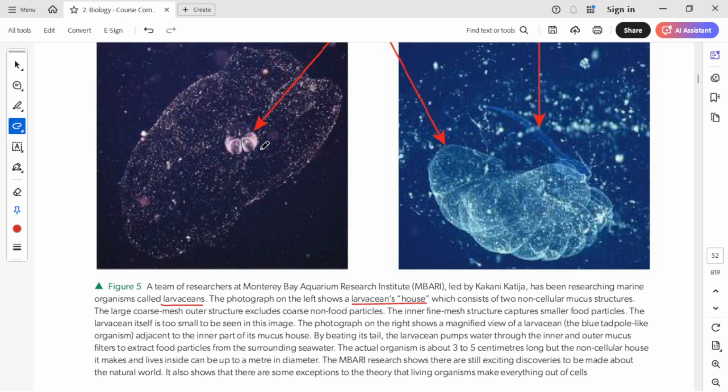The larvacean itself is not very large, approximately 3 to 5 centimeters, but it can make a house which can be up to 1 meter in length. The mucus will be secreted by the larvacean to make this big house, and the food will be trapped in this house for its consumption.